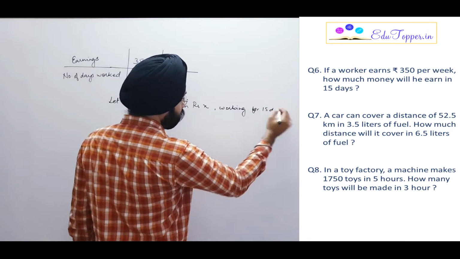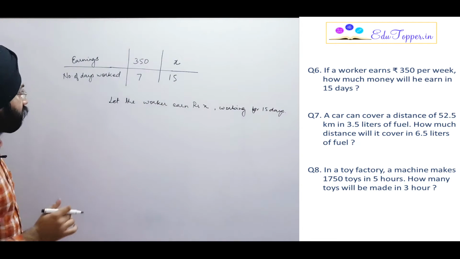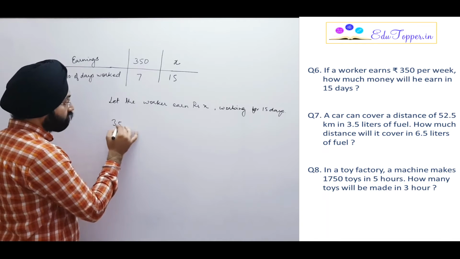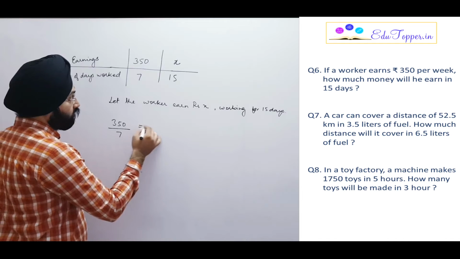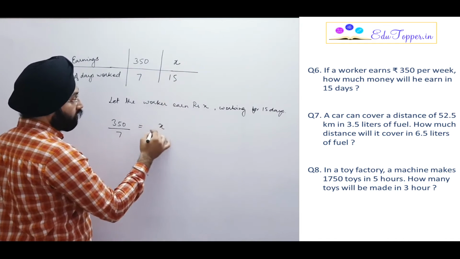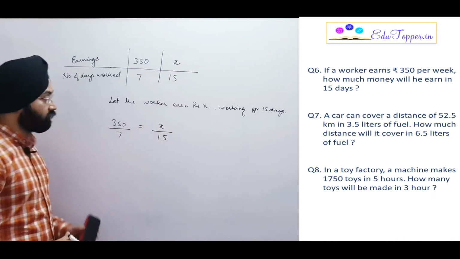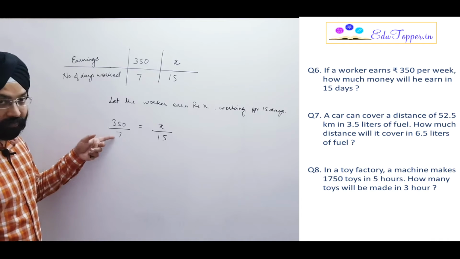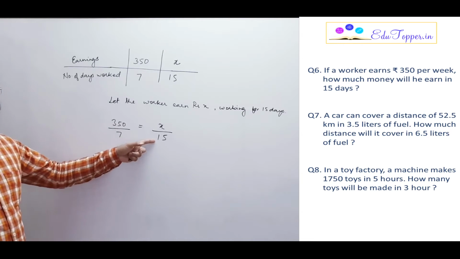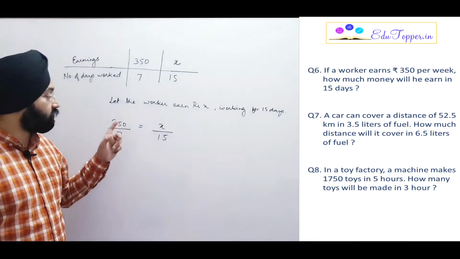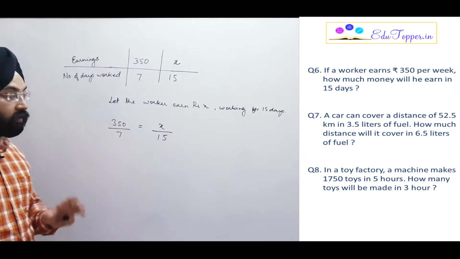15 days. So by the rule of direct variation, earnings divided by number of days should be equal to the corresponding earnings divided by number of days. See, when he works for 7 days, he makes rupees 350. When he works for 15 days, he makes rupees X. So both the fractions have to be equal.